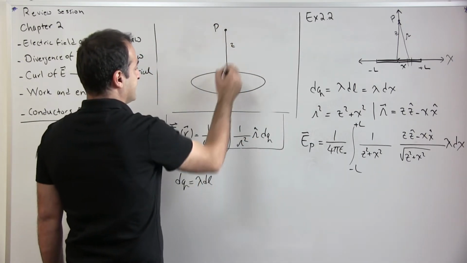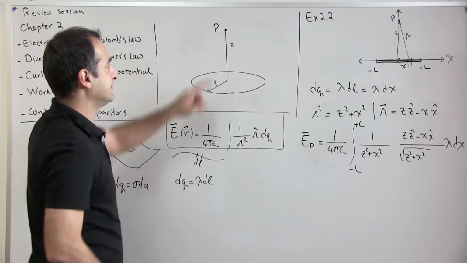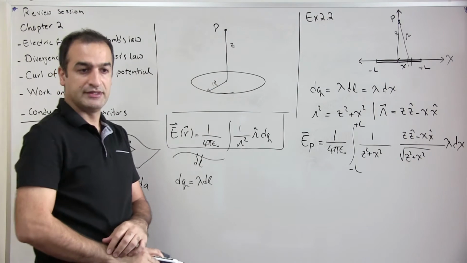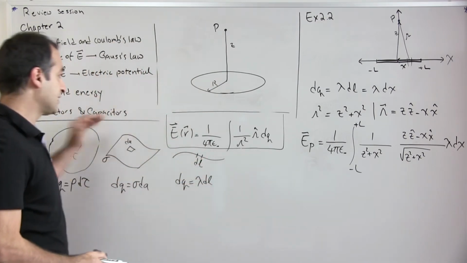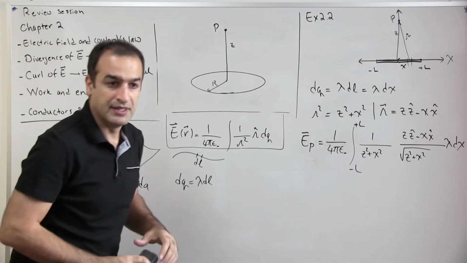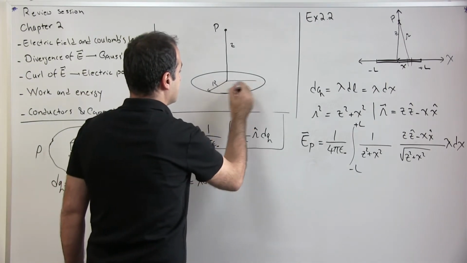So you have a disk of, let's say, radius r, and you are trying to calculate the electric field right at this point. Of course, one approach is calculating the electric potential. I'm going to talk about that later. But you can always do the direct integral.